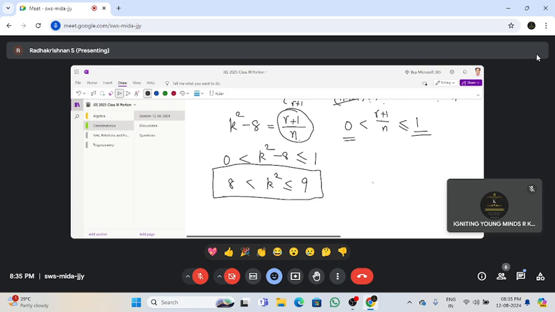So that means it will be minus root 8 to root 9, minus root 9, whereas this is a square bracket and this is a round bracket, union.